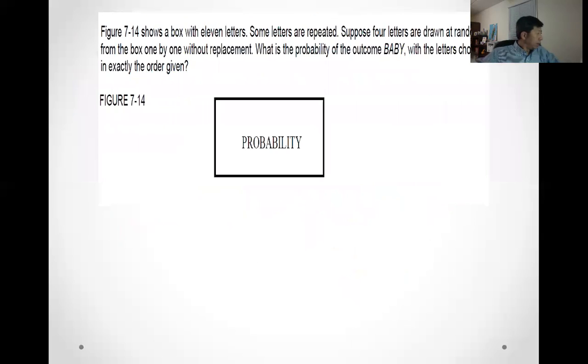Okay, the next problem. In this figure, there is shown a box with 11 letters. Some letters are repeated. Suppose 4 letters are drawn at random from the box one by one without replacement. So, without replacement.